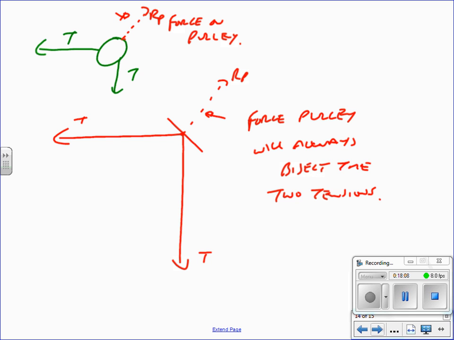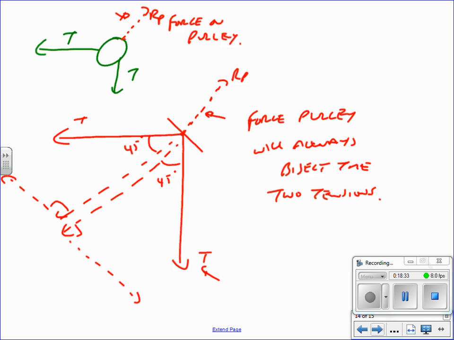So the force going up here from the pulley must be the same as the forces going down enacted by these two tensions. Can you see? This is a 90-degree angle. It bisects the angle, so therefore this is 45 degrees, 45 degrees, right? If this was a right-angled triangle, you can see that the sine elements would go off here. There's the right angle.